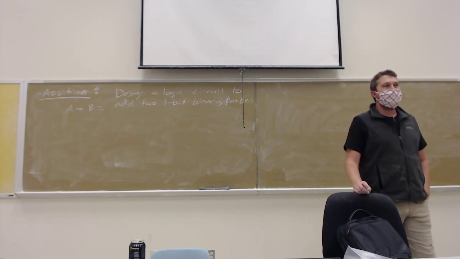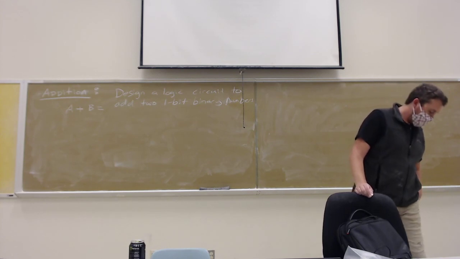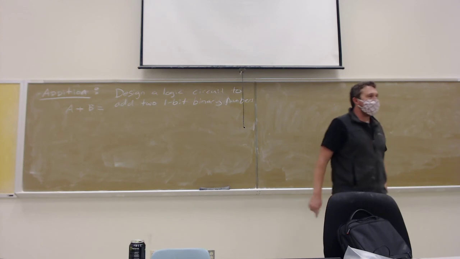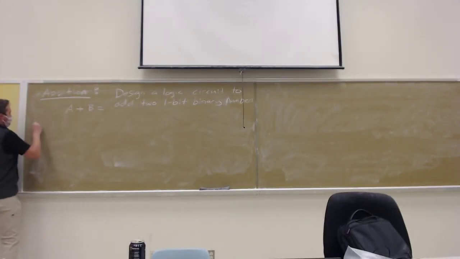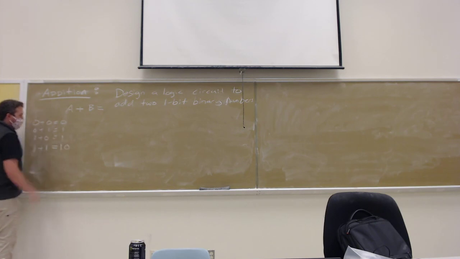One bit plus 1 bit gives me how many bits? 2 bits. Good. Because 0 plus 0 is 0. 0 plus 1 is 1. 1 plus 0 is 1. But we got to account for that 1 plus 1, which could be 1, 0. So we have this second bit.